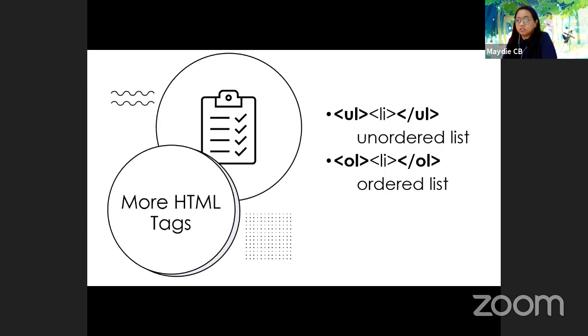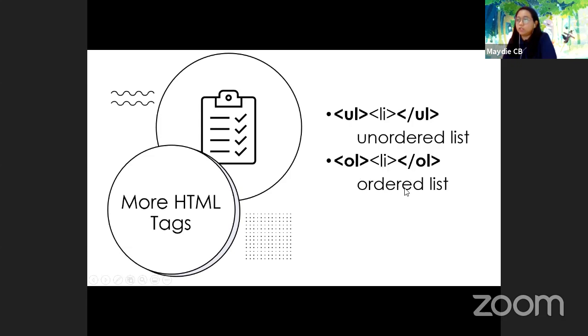Okay, so the UL tag and OL tag. We can use these tags to write lists. First, we can write the unordered list and then the ordered list. In an unordered list, the UL tag will be used, and the list will use bullets.